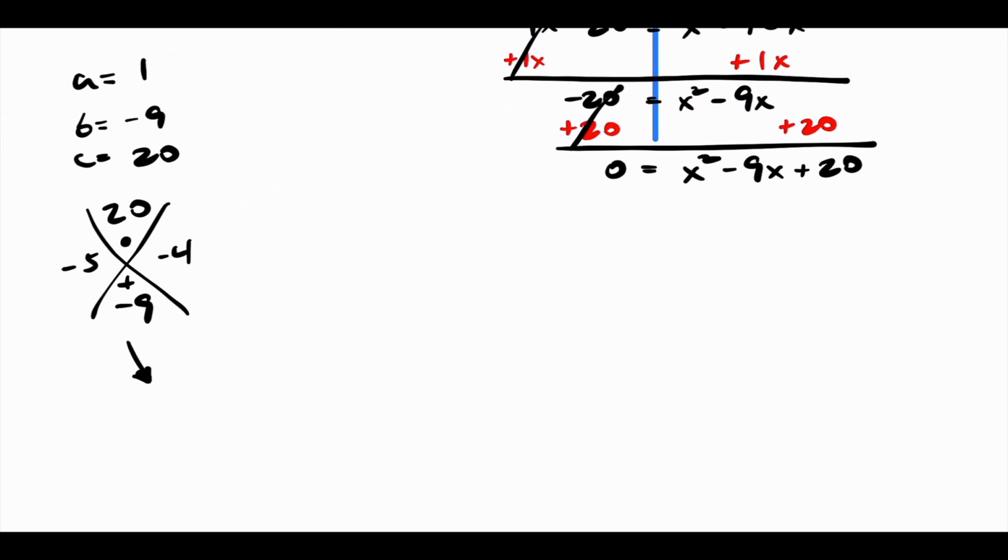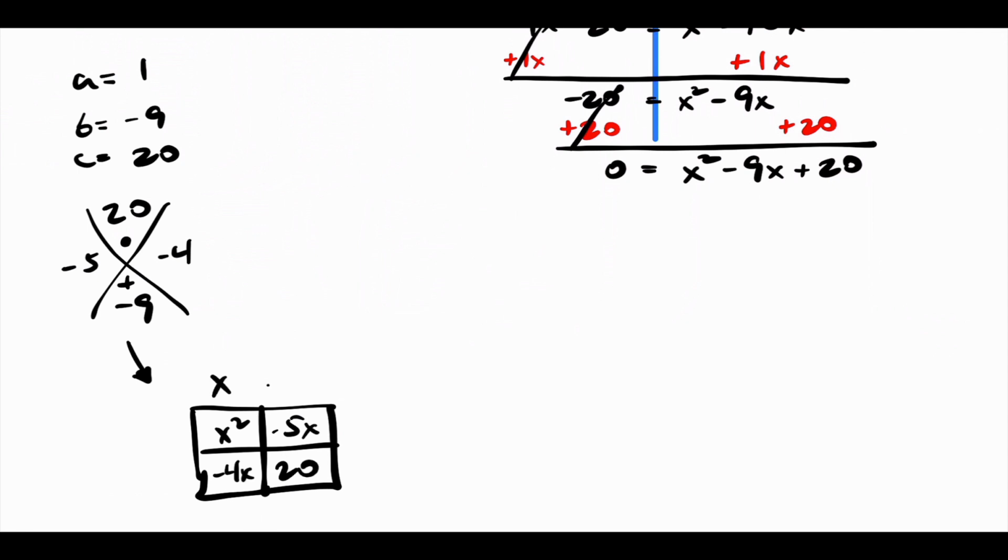Okay, so I'm going to do the box now. X squared minus 5x minus 4x plus 20. Okay. Last step to solve it, separate and solve.